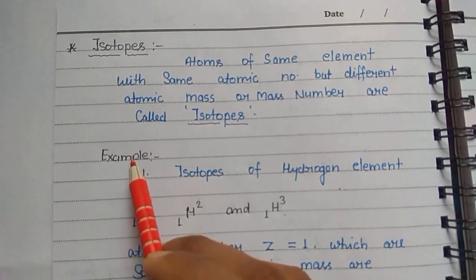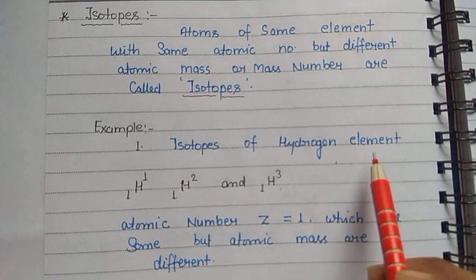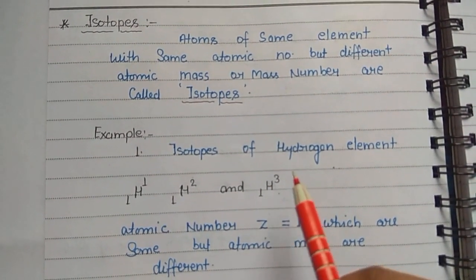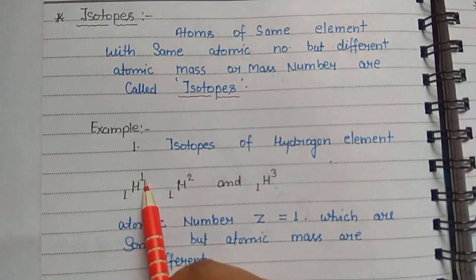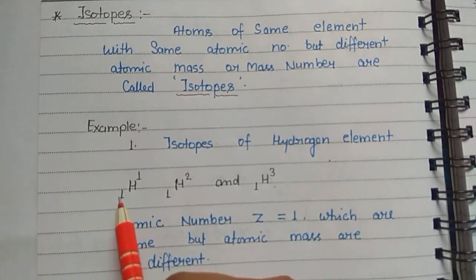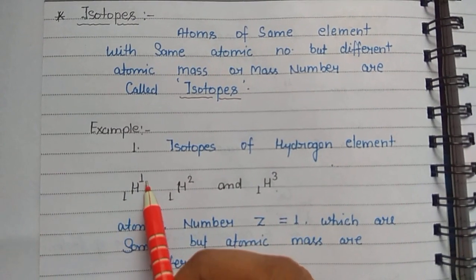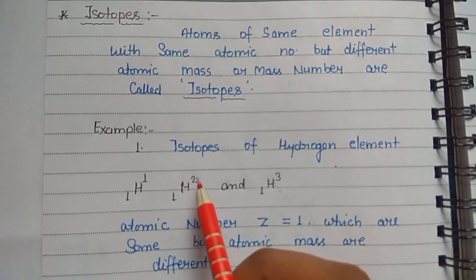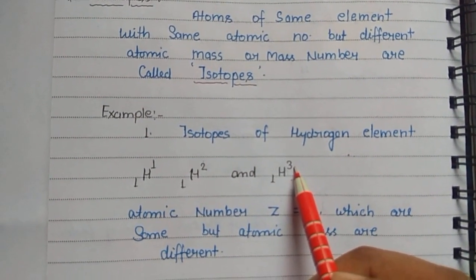Examples of isotopes. The first example is the isotopes of the hydrogen element. There are three types of isotopes of the same element hydrogen: first 1H1, second 1H2 and last 1H3. The 1H1 isotope is called general hydrogen or normal hydrogen, 1H2 is called deuterium and 1H3 is called tritium.